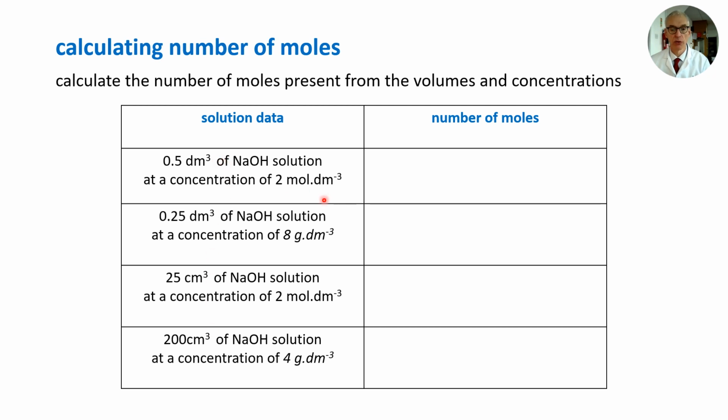Calculate the numbers of moles. Please note in the second example the concentration is given in grams per decimeter cubed, as in the fourth problem. So bear that in mind. Attempt to calculate the numbers of moles present in each situation. Come back to check your answers when you are ready.